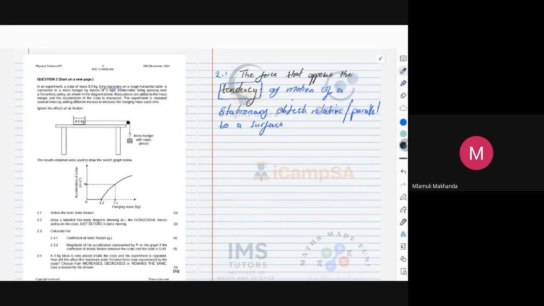Stationary object. So what this means is you've got a box here. Let me just use this 8 kg box here. So you've got this box here, right? So this box is not moving because there is static friction. So static friction points opposite. In this case, opposite can be anywhere because we haven't figured out where opposite is.